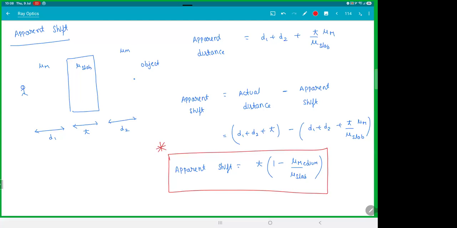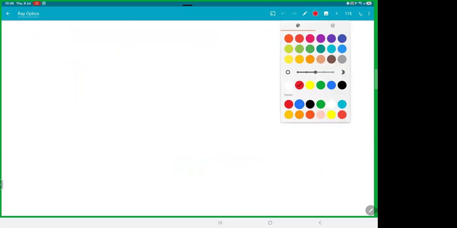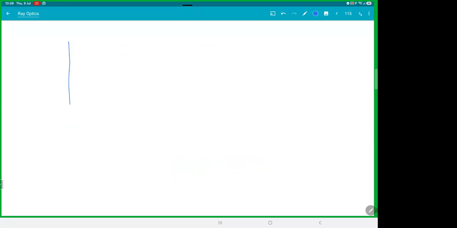One more thing, which direction, like which way did it shift? Did it shift away from me or towards me? So this is the thing you should remember. So if you have a slab, this was the object. So the light rays would go like this, and they become closer, and they would go like this.